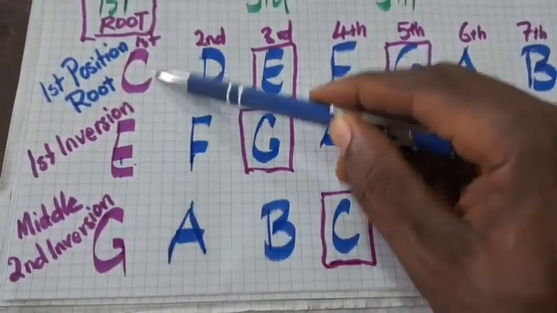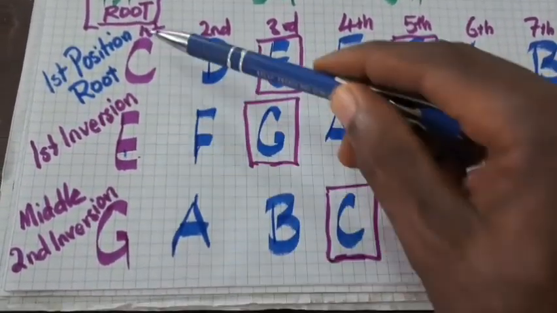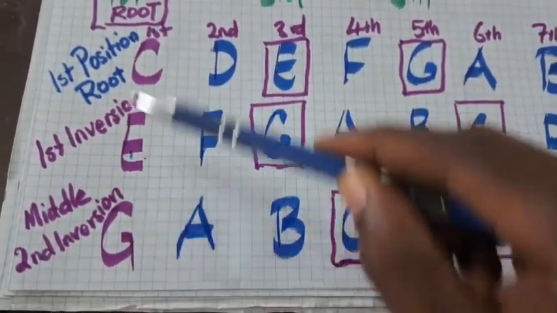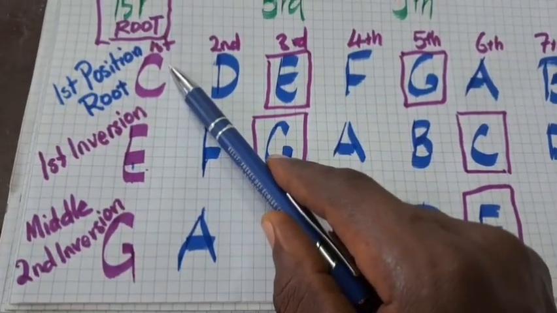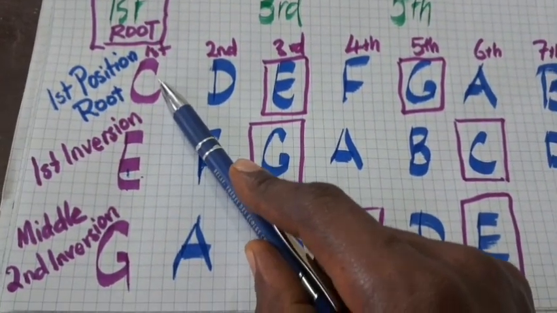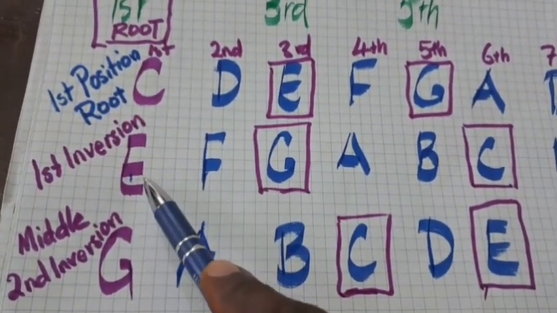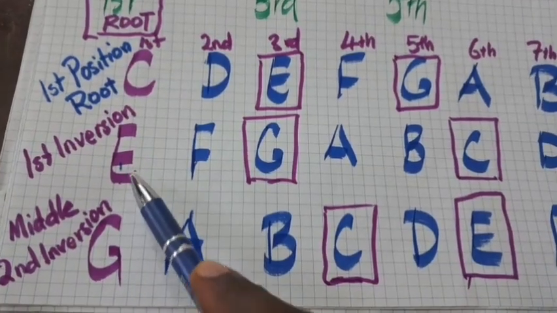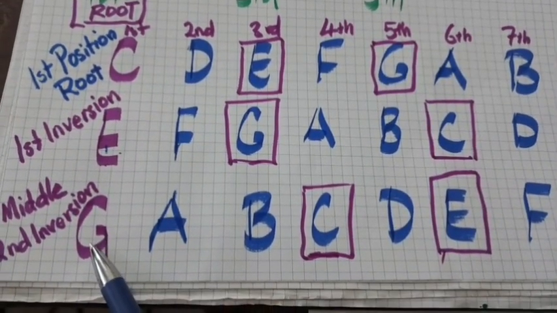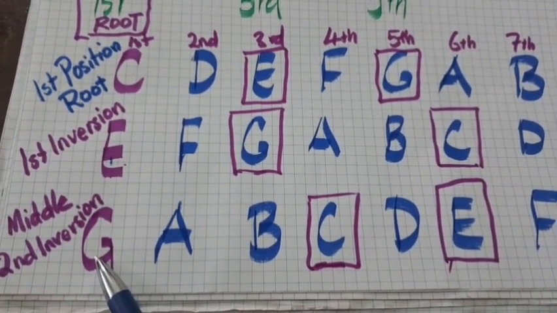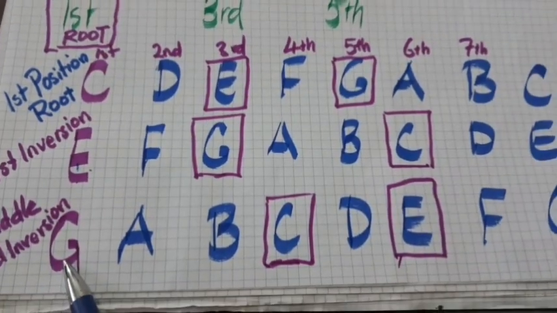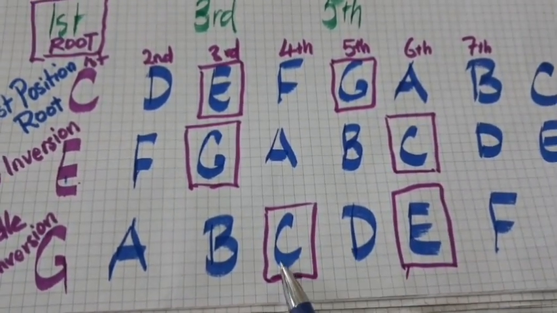These first ones contain the bass. So when you are playing this position, C becomes the bass. When you are playing this position, E becomes the bass. When you are playing the second inversion, G becomes the bass, but the combination is still the same.